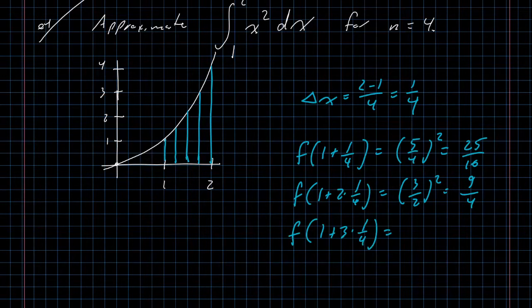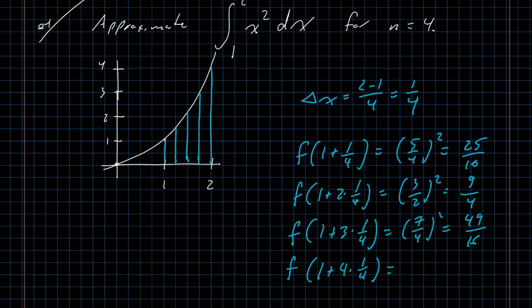All right, 3 times 1/4 is 3/4. 1 plus 3/4 is 7/4. 7/4 squared is 49 over 16. And then 4 times 1/4 is just 2. 2 squared is 4.